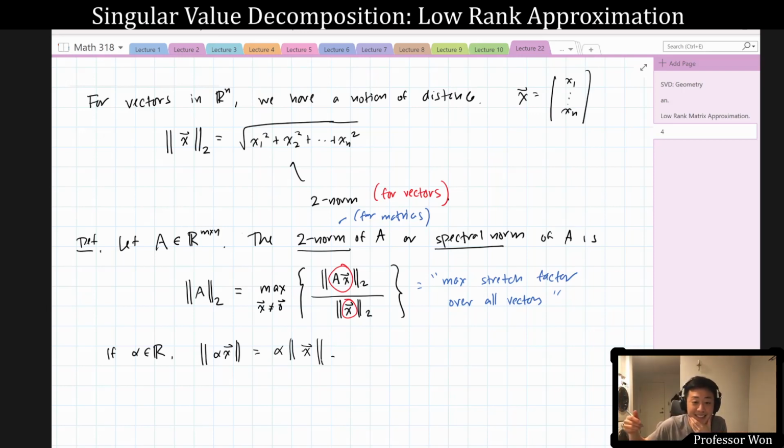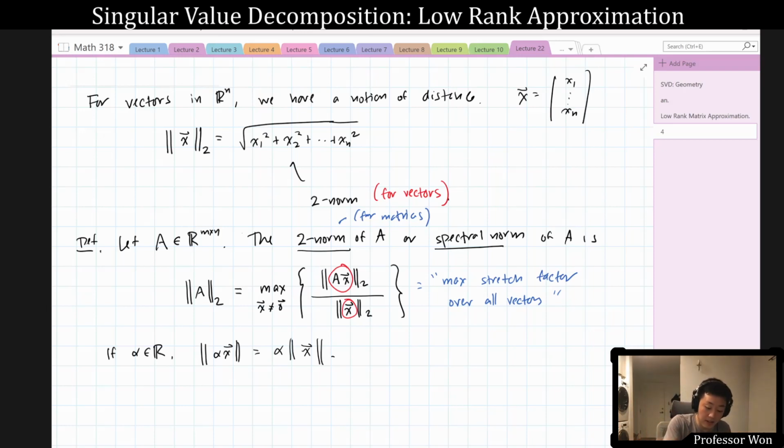Because you can just pull it out of the norm, and then you get the same factor on the numerator and the denominator. So even though this definition says you need to test over all vectors x, you can check just every unit vector. So you can look at just the sphere, and you can see what's the furthest direction that A stretches any part of the sphere. That will be the 2 norm, or the spectral norm of A.